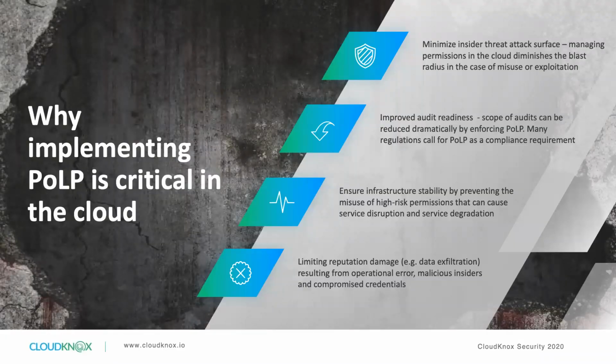In terms of implementing least privilege and controlling these permissions, as we've mentioned, is critical to the cloud. But it's important to understand a little bit more why that is, and this process of least privilege and what it impacts.